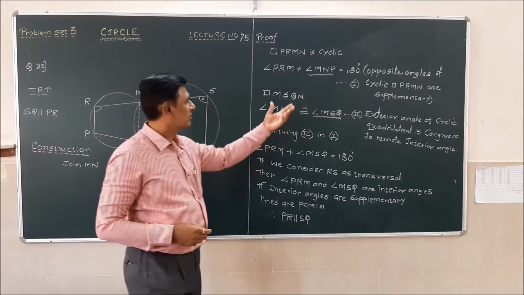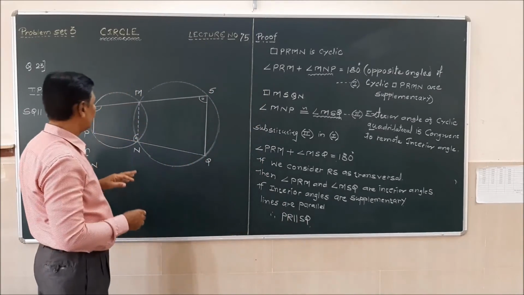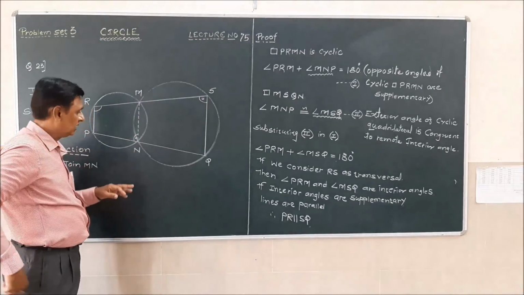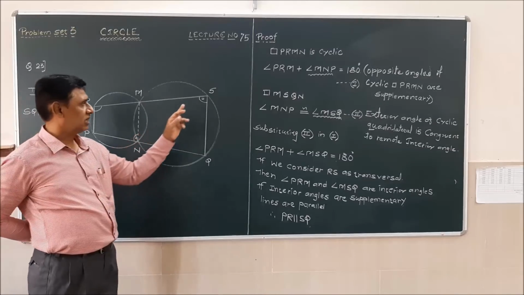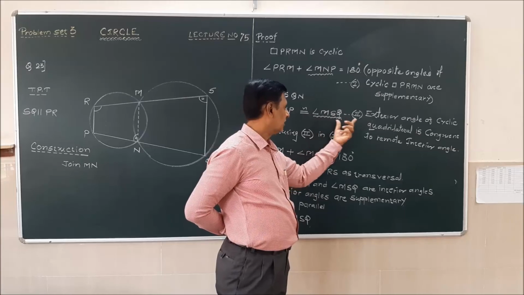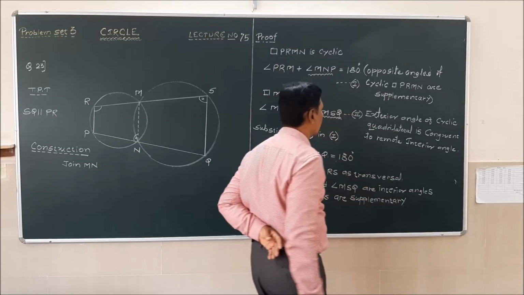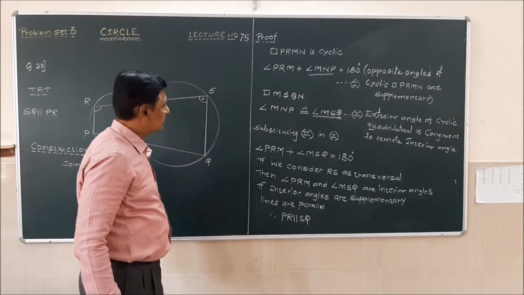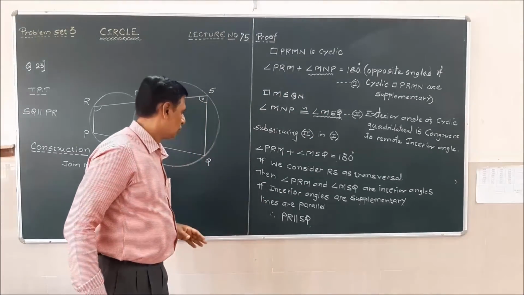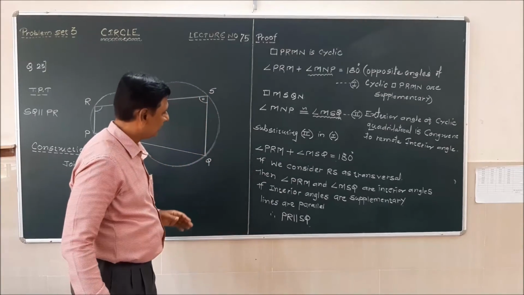Then you will also find MSQN is also a cyclic quadrilateral, and the exterior angle of a cyclic quadrilateral is congruent with the remote interior angle. MNP is congruent with MSQ. Substituting 2 in 1, in 1 I replace MNP by MSQ, so I got PRM plus MSQ is equal to 180 degrees.